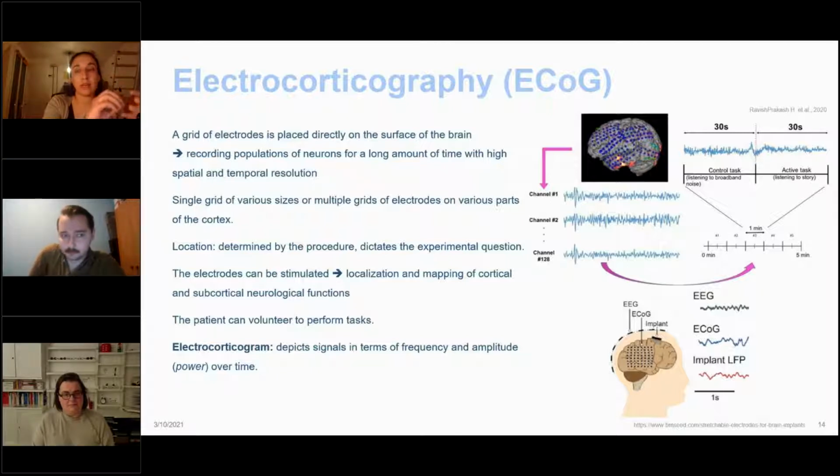They need to do some measurements and localize which specific place causes the epileptic seizures in order to cure them.